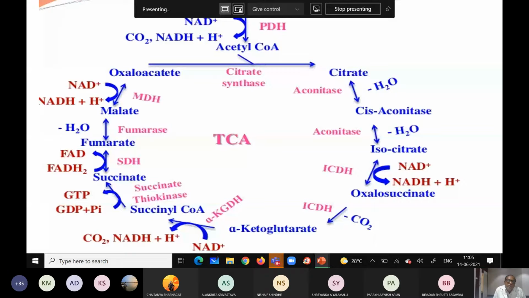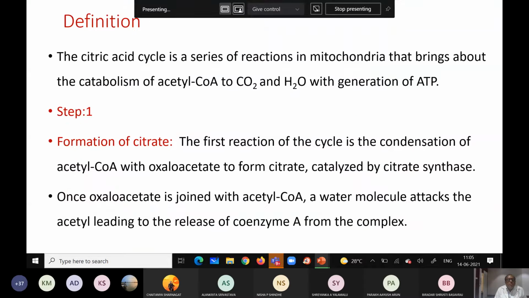That's why it is referred to as circular reactions. So we go through the reactions one by one.